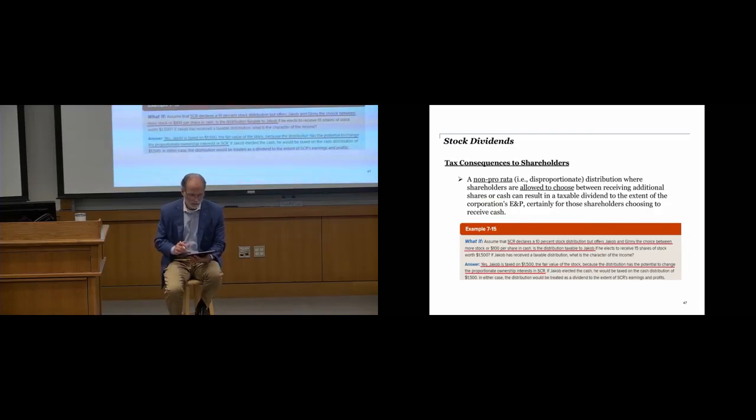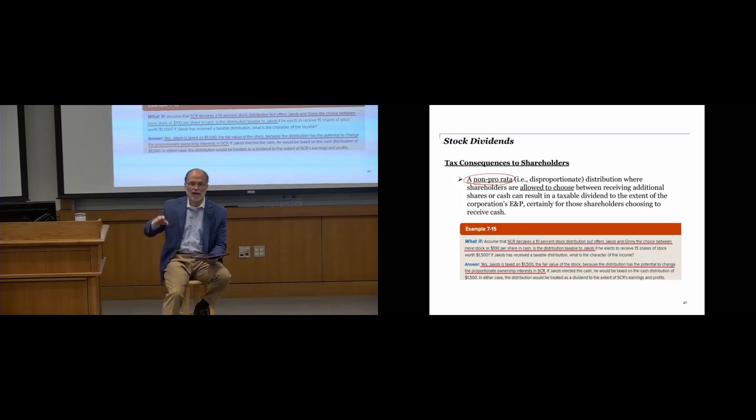Okay, the one aspect to be aware of when you have stock dividends is if there's a non-pro rata distribution, meaning disproportionate, meaning some shareholders get cash, some shareholders get stock. This might be elective, where the corporation says, hey, here you go, you can choose to get more shares or you can choose to get cash.